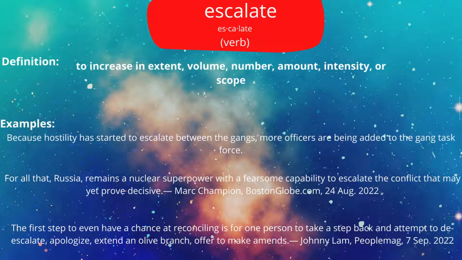First example here: because hostility has started to escalate between the gangs, more officers are being added to the gang task force. So here we can see the hostility. Hostility is like ill will towards one another, or maybe violence in this case.